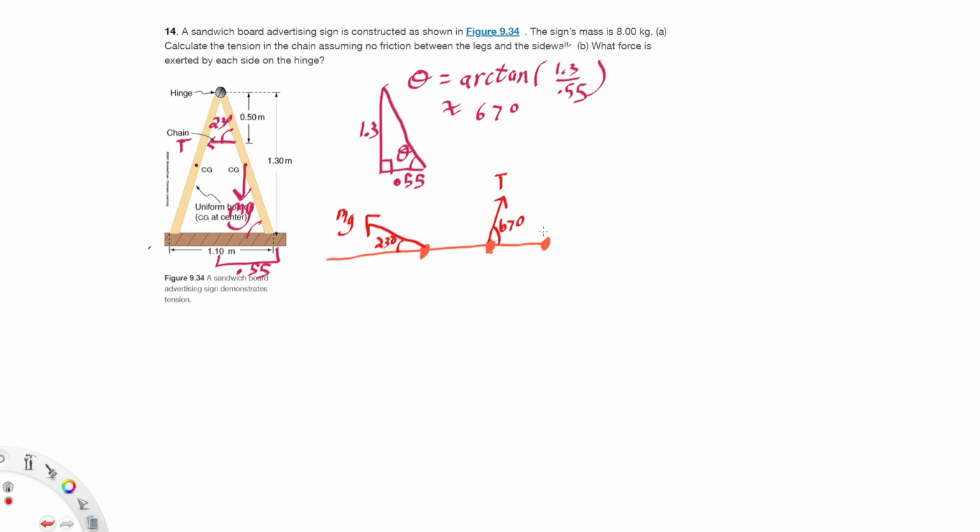And then there's also a force exerted by the hinge, which, spoilers, I'm not going to care too much about, since that is what I'm going to choose as the axis of rotation.